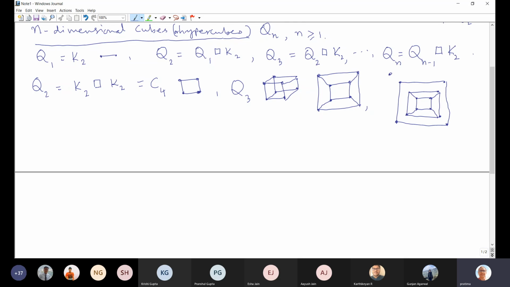I have put one Q3 inside the other Q3, and then you have to join the corresponding vertices. I may join the inside vertices with the inside ones, and the outside vertices with the outside ones.